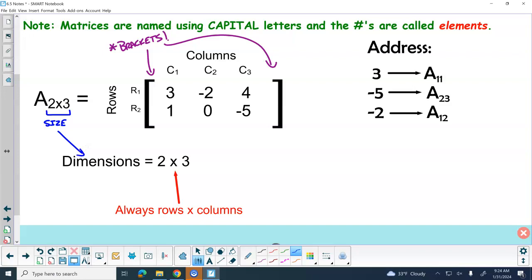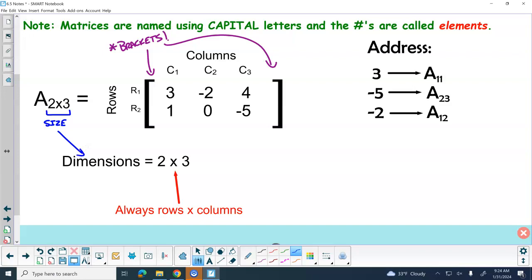Each individual element also has a specific address so that you know where to find it within the matrix. Just like you have a different address than I have than the house that I live at, the 3 has a different address than the -5.